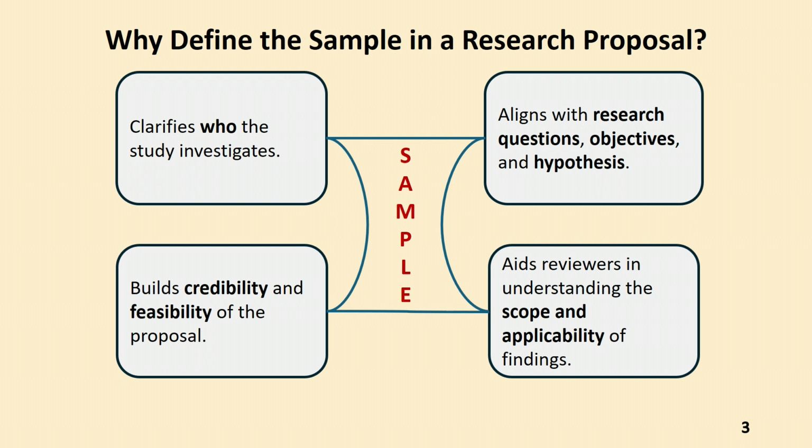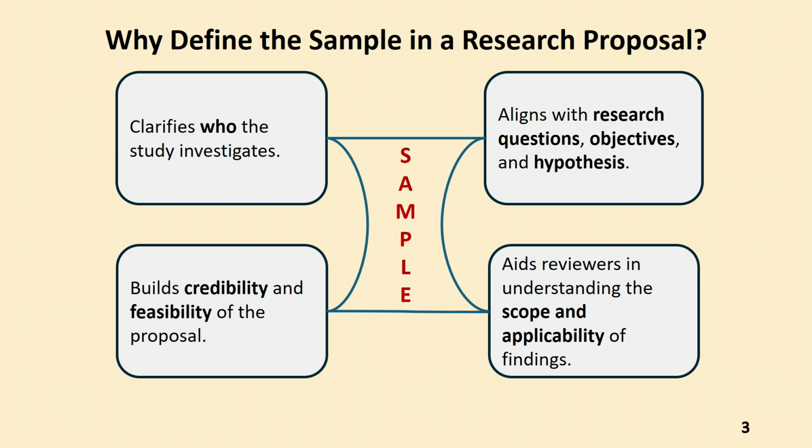Whenever you define your sample properly, you build the credibility and feasibility of the proposal: why my proposal is sound, why it is a good research proposal, why it should be accepted, why the grant should be given, because I have defined my sample and other components in a very systematic and logical manner. Ultimately it adds to the credibility and feasibility of the proposal, showing how you are going to conduct it and how you are going to produce something with your research.